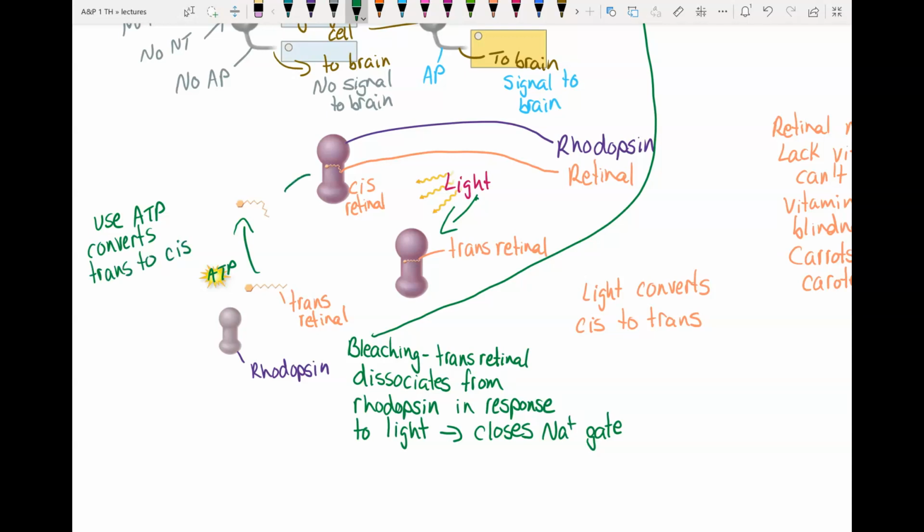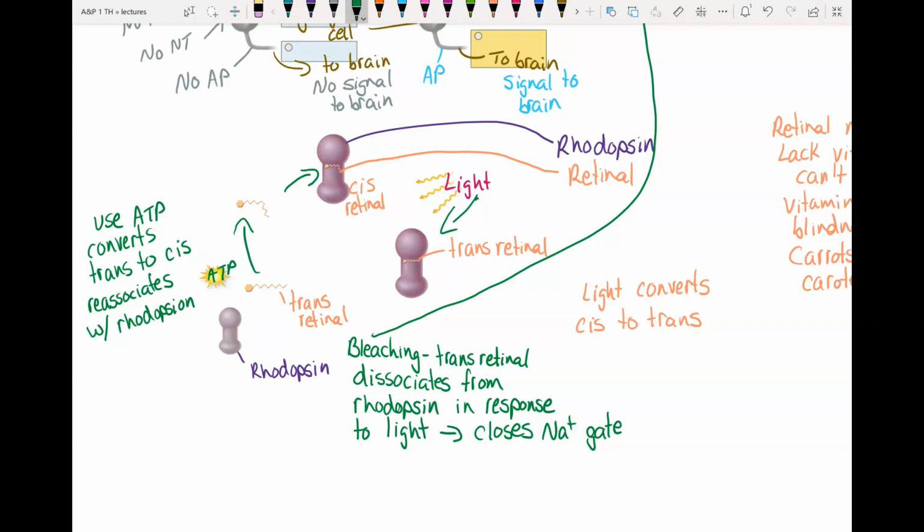And then it reassociates with the rhodopsin. Once this happens, you are ready to send the signal to the brain again.